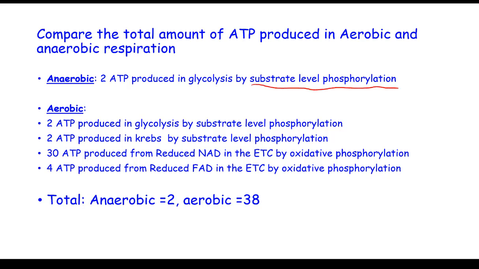Now, I should note here that it's 2 ATP, and that is 2 ATP net production, because remember, in glycolysis 2 ATP were used at the start, 4 were produced at the end. So 4 minus 2 equals 2 ATP produced. Whereas aerobic respiration produced 38 molecules of ATP per glucose. And that's pretty much the end of anaerobic respiration.